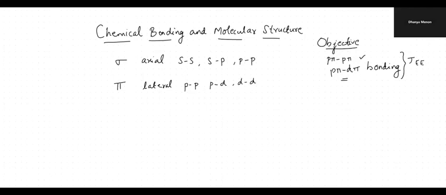So if I have two atoms, if I have a single bond, definitely it is a sigma bond. If I have a double bond between them, one is a sigma bond which is formed first and then the pi bond is formed. And in the previous video, we also saw examples of double bond, oxygen.